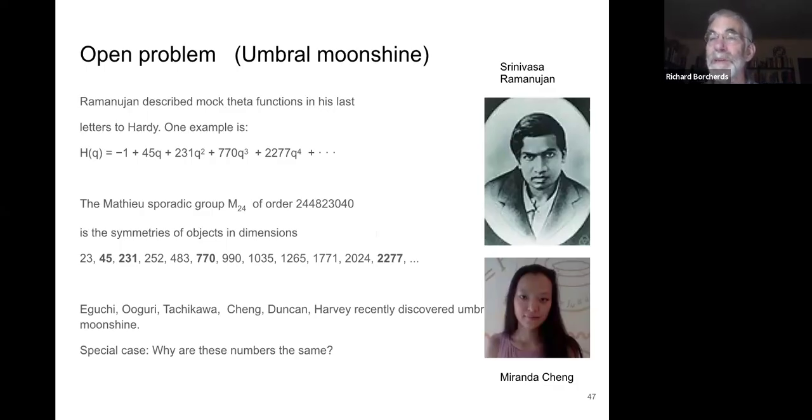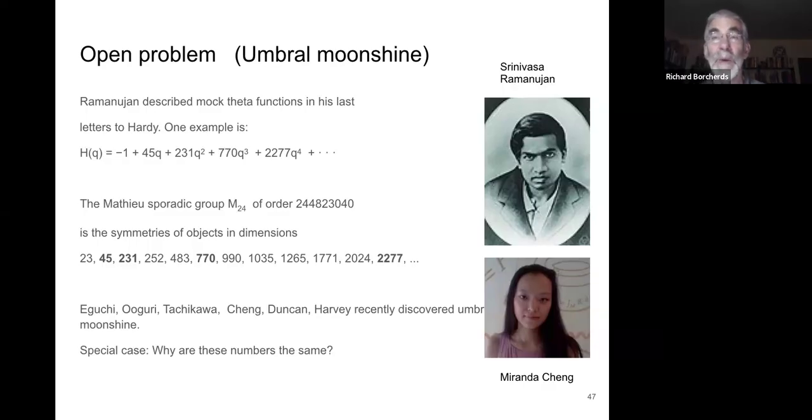Ramanujan was this famous Indian mathematician who wrote down thousands of these utterly bizarre identities. A century later, people are still trying to figure out how he found these identities. Ramanujan actually explained how he found them.